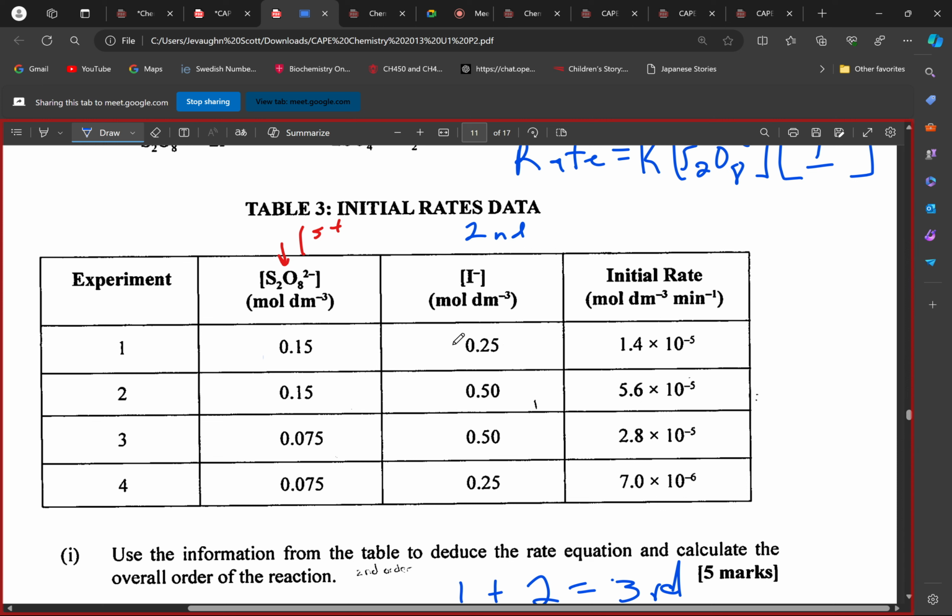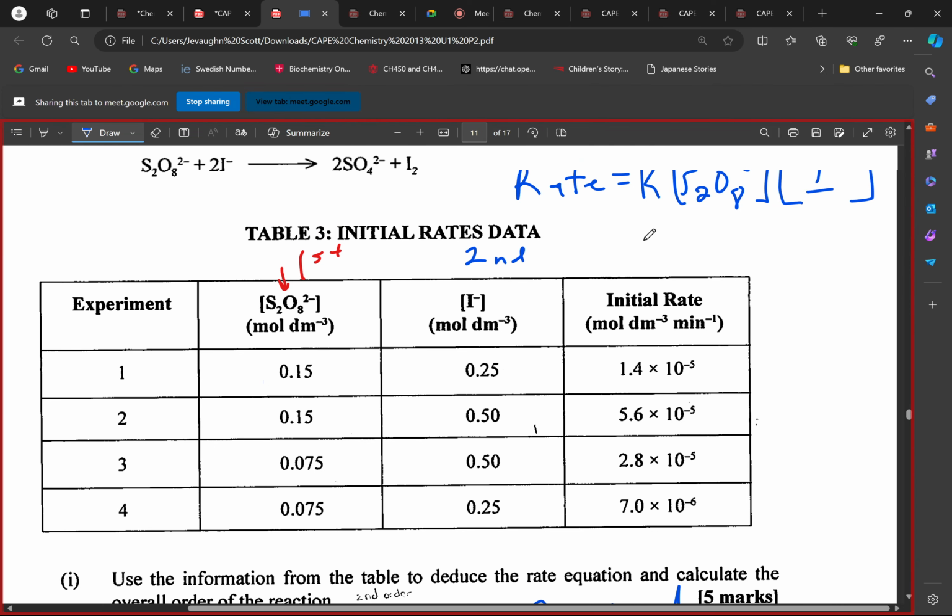I'm not sure if anybody has any objections, but we don't necessarily have to write that coefficient out there. For this now, what we'll do is just select a random experiment and use those values to get k. We should be able to use any experiment. In this case, k would be equal to what?